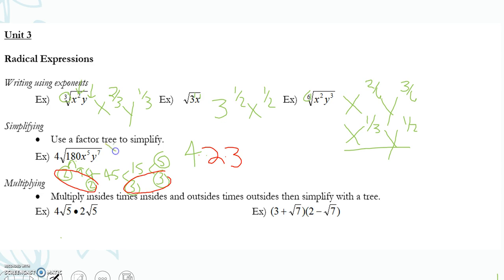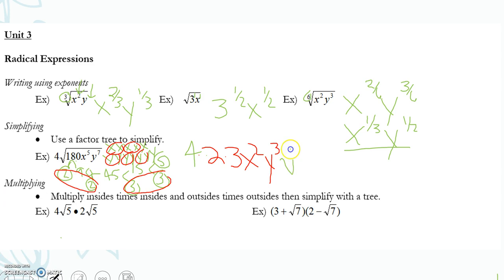If not, you need to write out 5 x's and 7 y's, and then circle the doubles. So I have 2 double x's and 3 double y's.